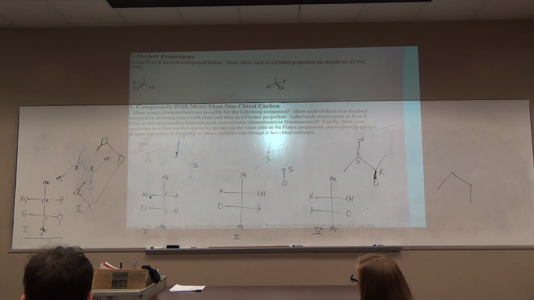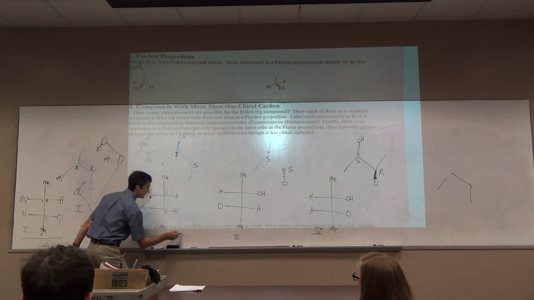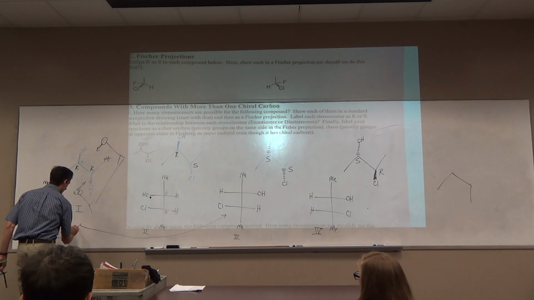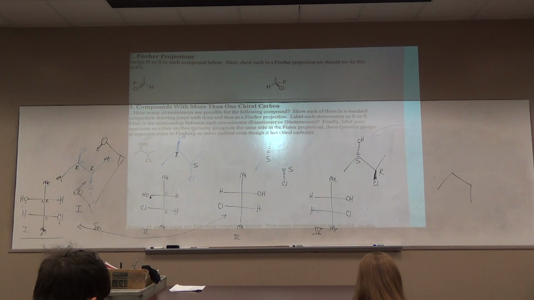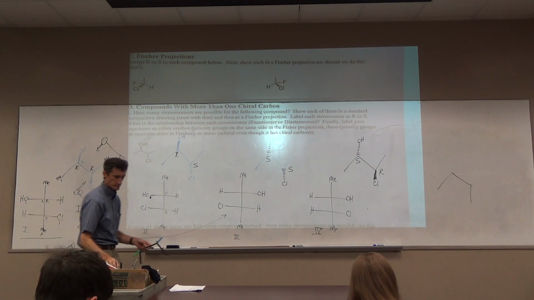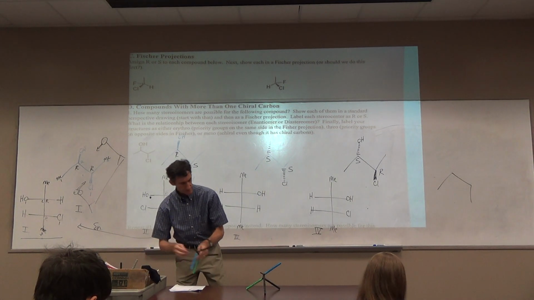Since there's no plane of symmetry, what does that tell us about the mirror image? It's not the same. It's different. The relationship between these two is what? Those are enantiomers, mirror images that are different. We can put this together.